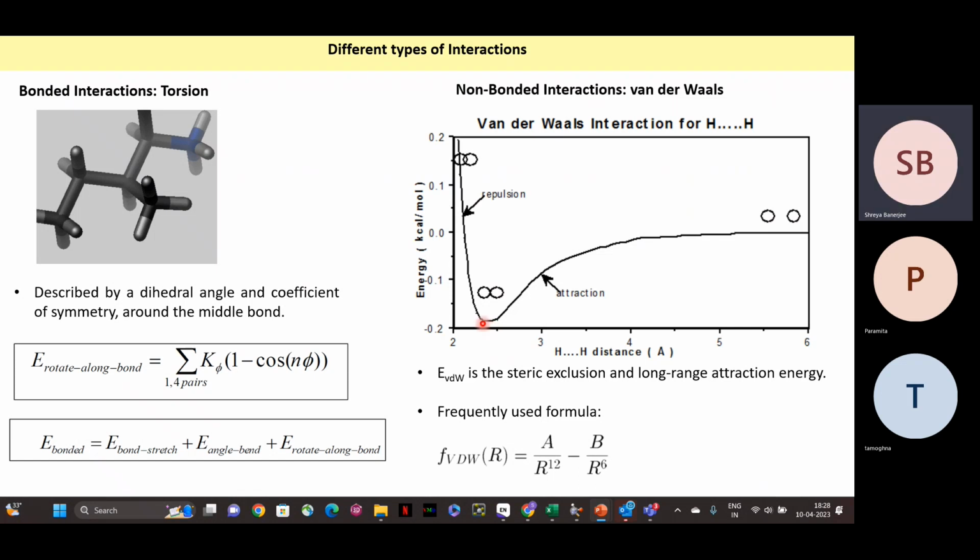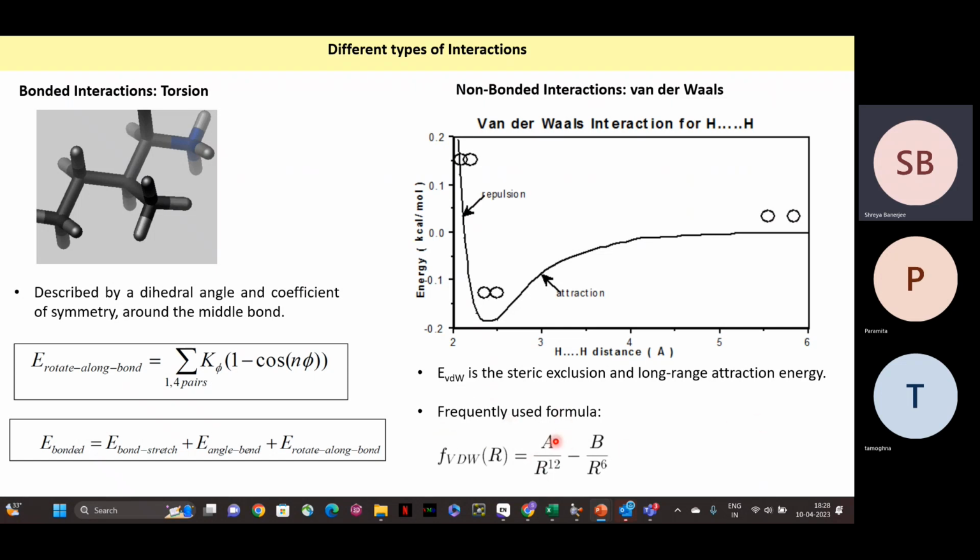If you try to bring the atoms closer than that, the repulsive energy comes into action and the energy increases, tending to infinity.